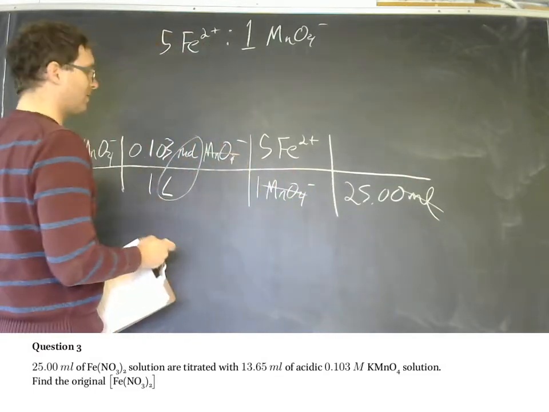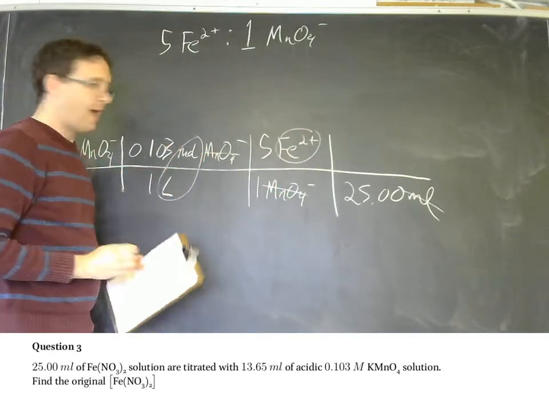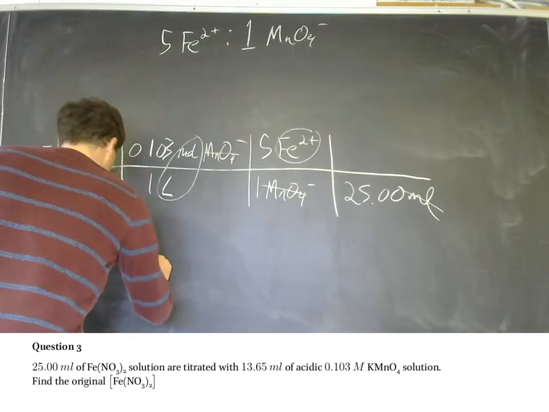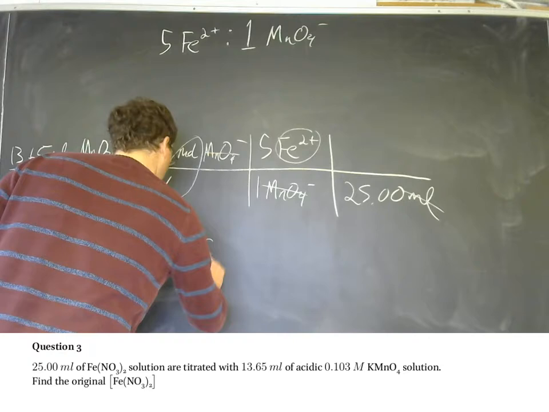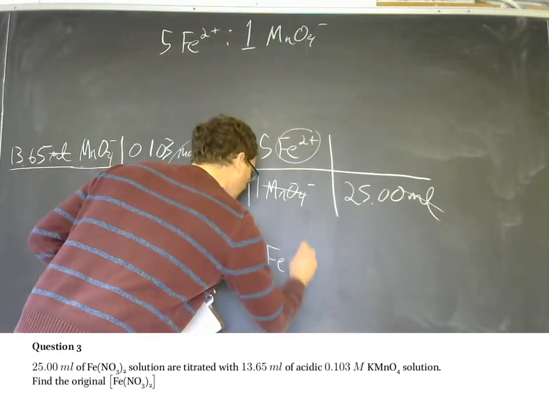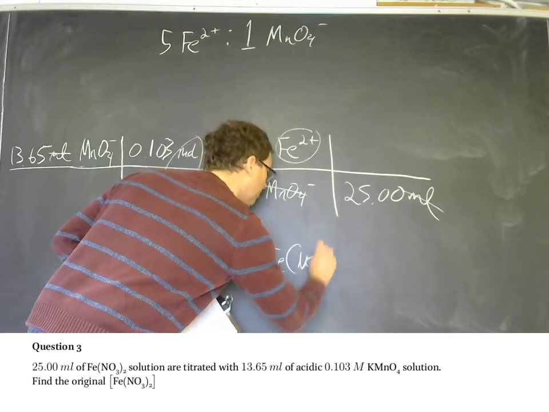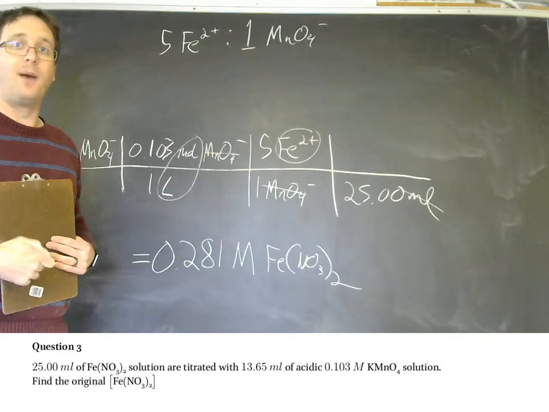Permanganate cancels out, and we're left with iron moles per liter. And put this in your calculator, and what you end up with is 0.281 molar FeNO3 2. That is the molar concentration.